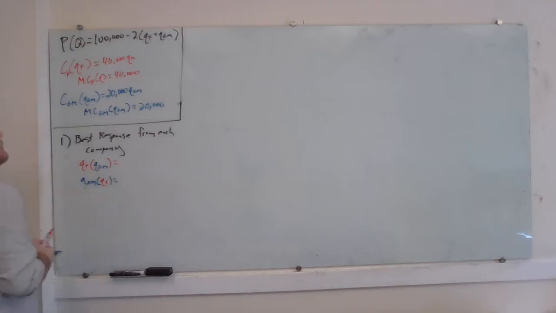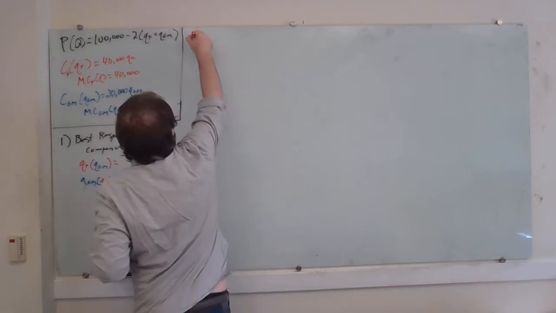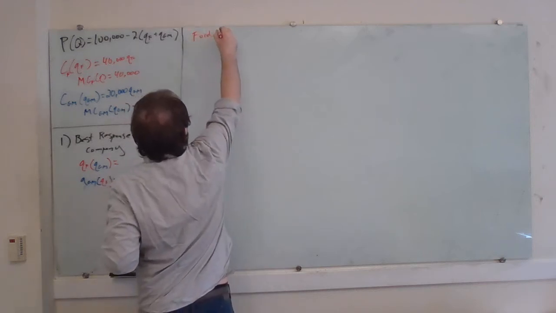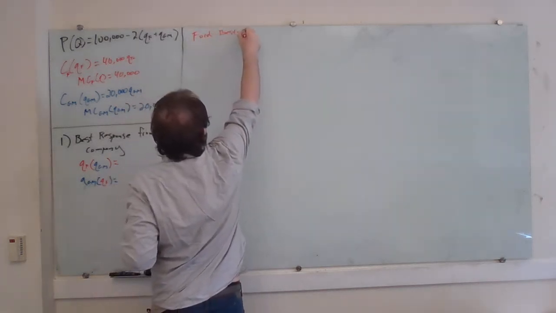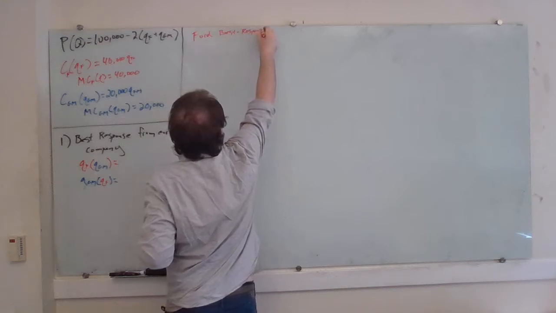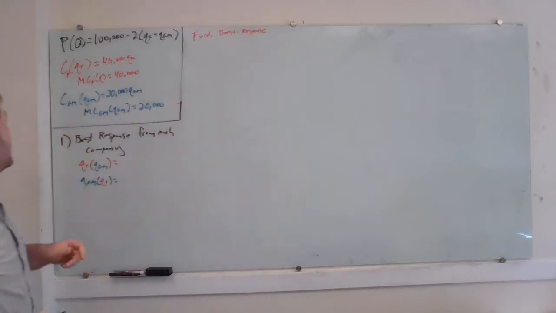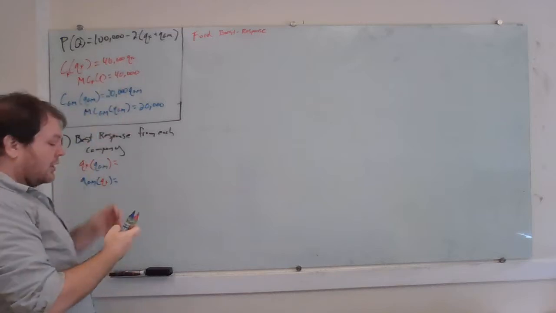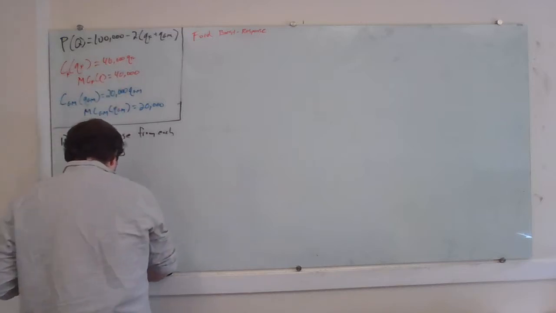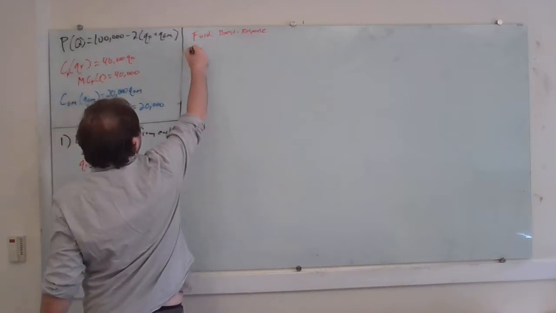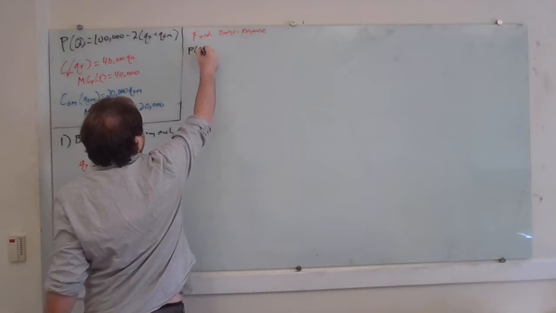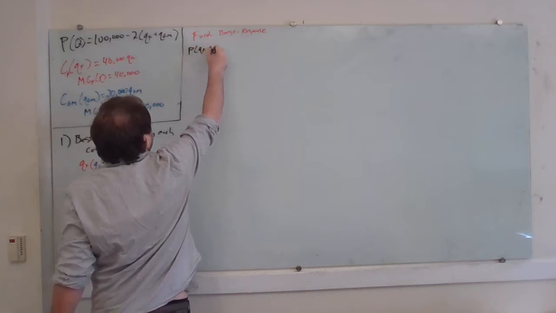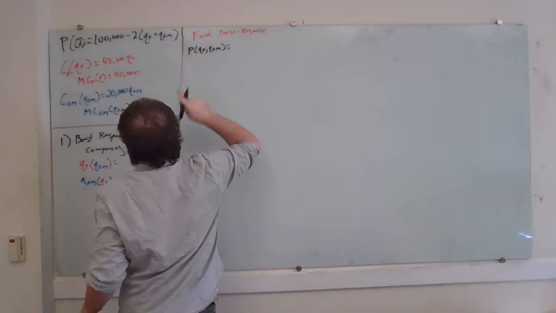So let's start with Ford. In this case, what we know is that they have an inverse demand, which is going to be P of QF, QGM.